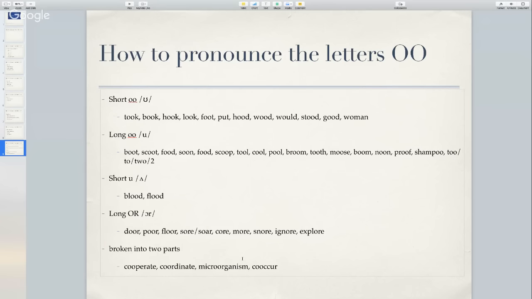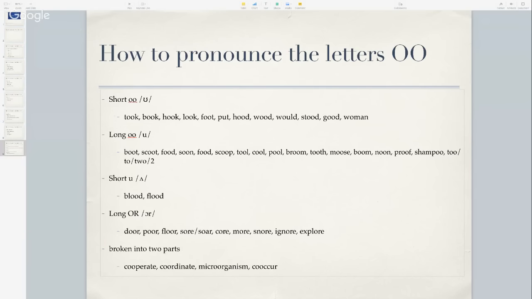Cooperate, coordinate, microorganism, cooccur. Okay. All right. So we are finished.